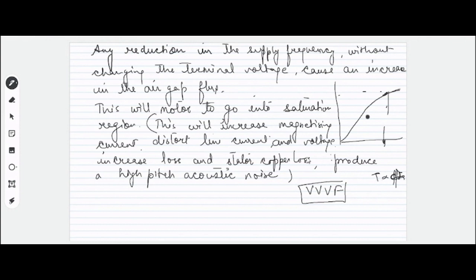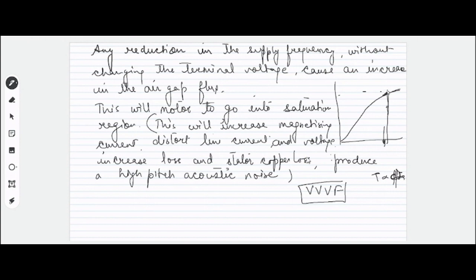So by decreasing the frequency, we don't want the flux to saturate. Also, with an increase in the frequency, we don't want the flux to be weakened, because then the torque capability of the motor is going to reduce. So on both sides, we don't want the flux to change much.